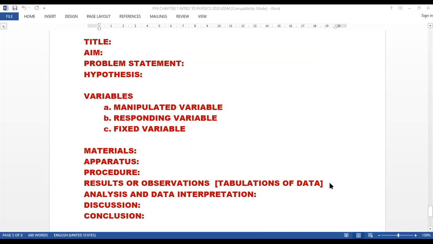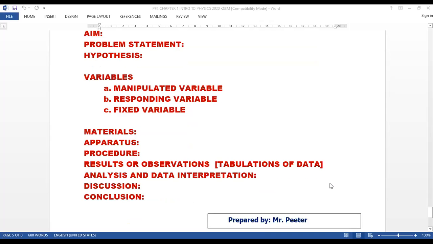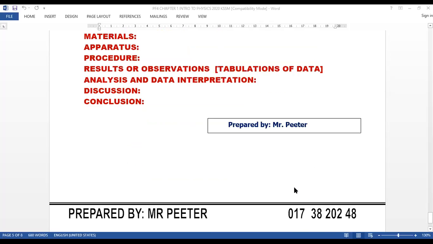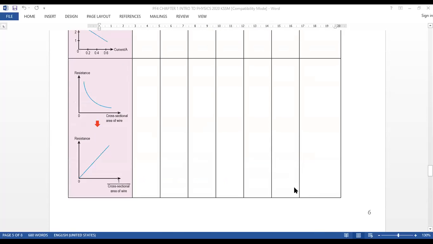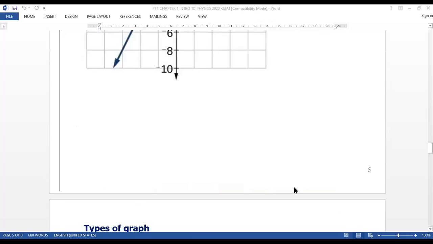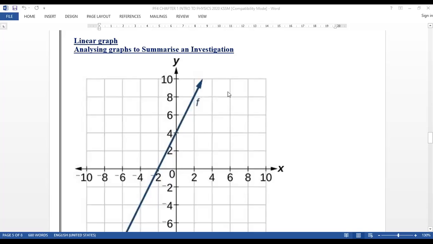Then results or observations, giving proper data in a table format, analysis and interpretation, and finally a proper graph, the discussion and conclusion. So this is how we do the whole process. Okay, so today let's start with a few examples again.